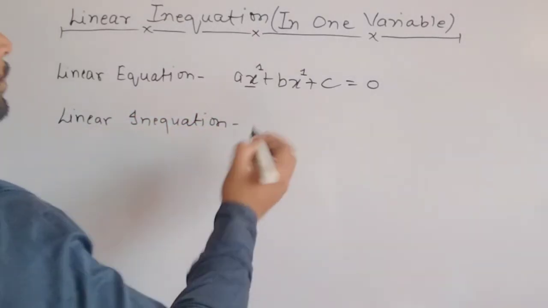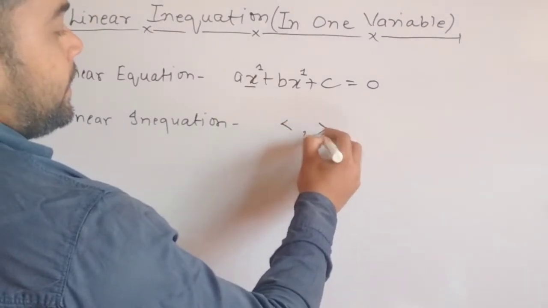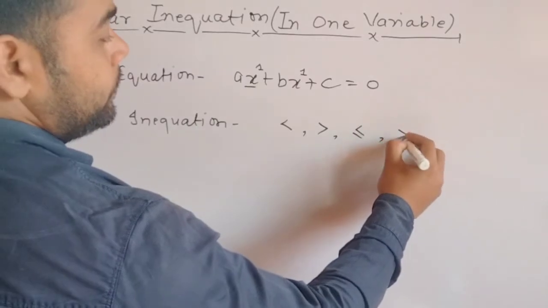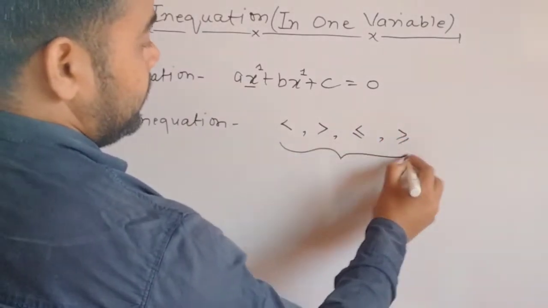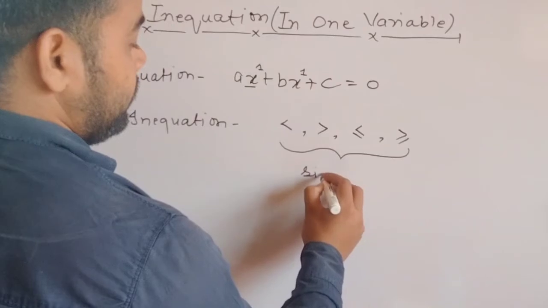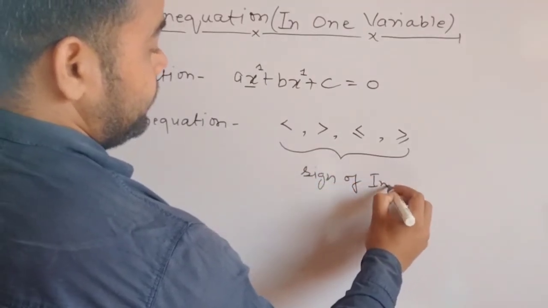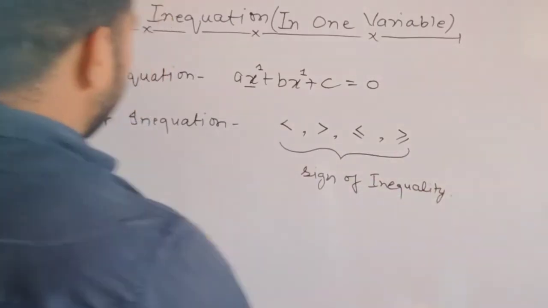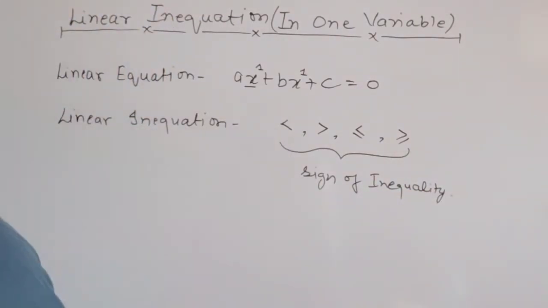So simply these are the signs which are called signs of inequality. In the context of linear inequation, the same rule applies.